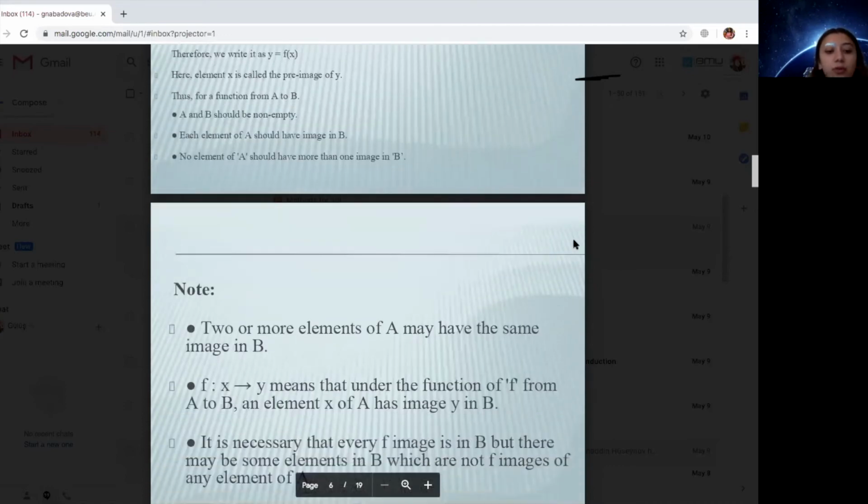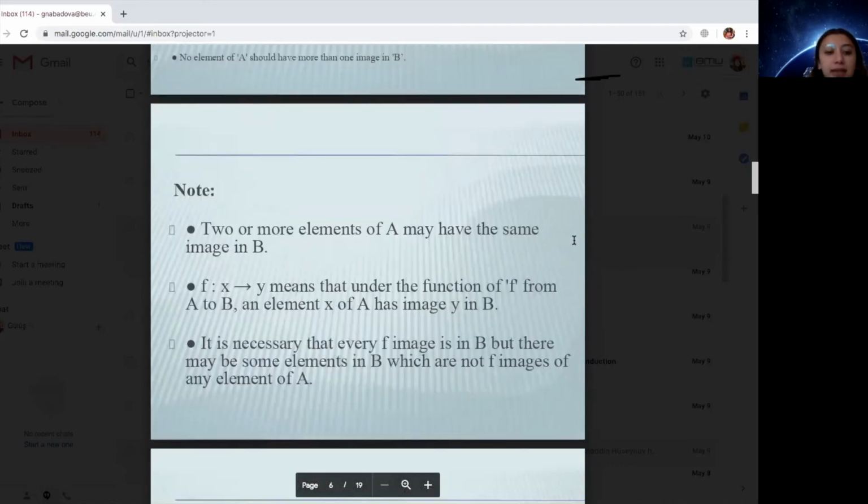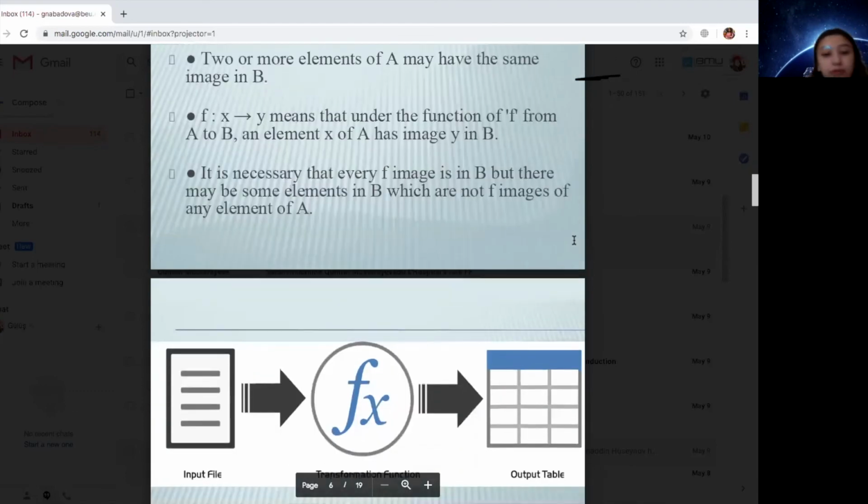Two or more elements of A may have the same image in B, and f(x) equals y means that under the function f from A to B, an element x of A has image y in B. It's necessary that every f image is in B, but there may be some elements in B which are not f images of an element of A.